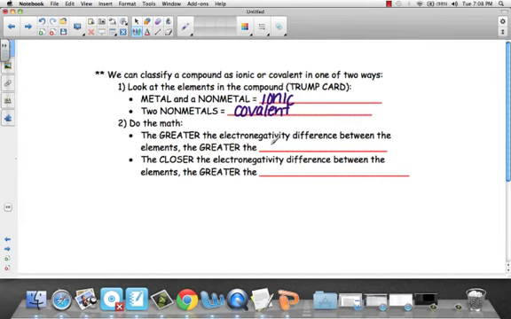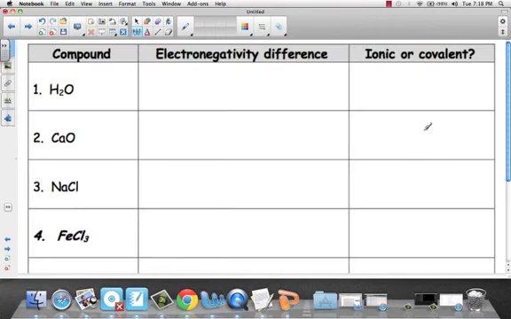The greater the electronegativity difference between the elements, the greater the ionic character. The closer the electronegativity difference between the elements, the greater the covalent character. You have to determine the electronegativity difference and then determine whether the compounds are ionic or covalent.